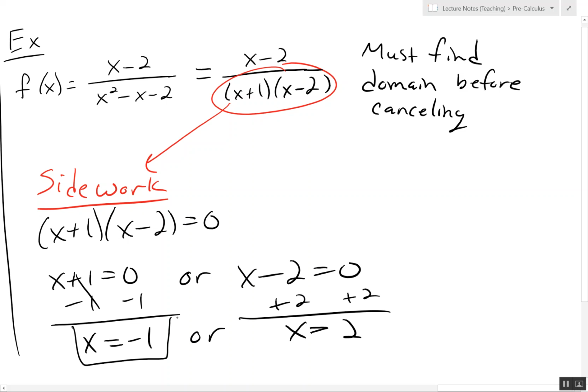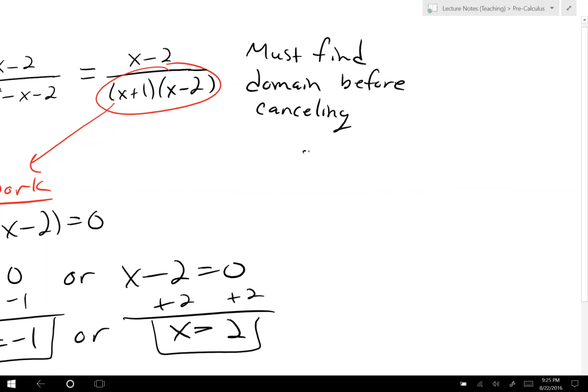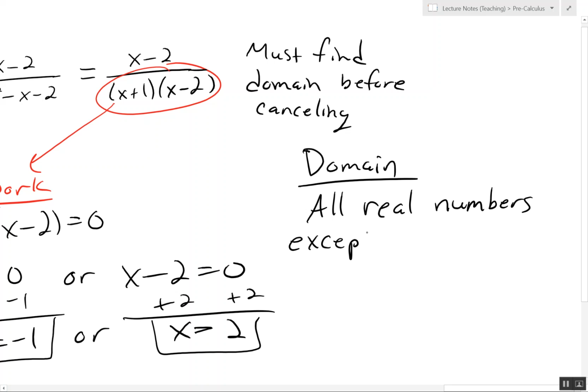So our domain here for f of x, again we can just write it in words: all real numbers, except x equals -1 or x equals 2.